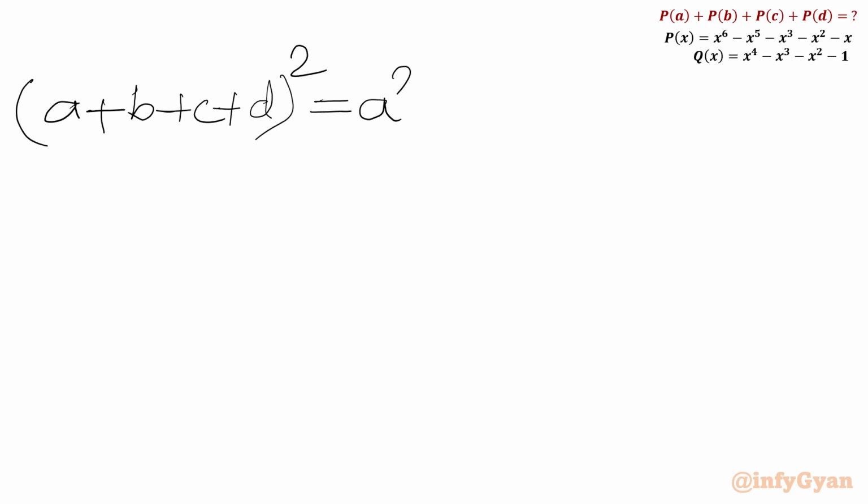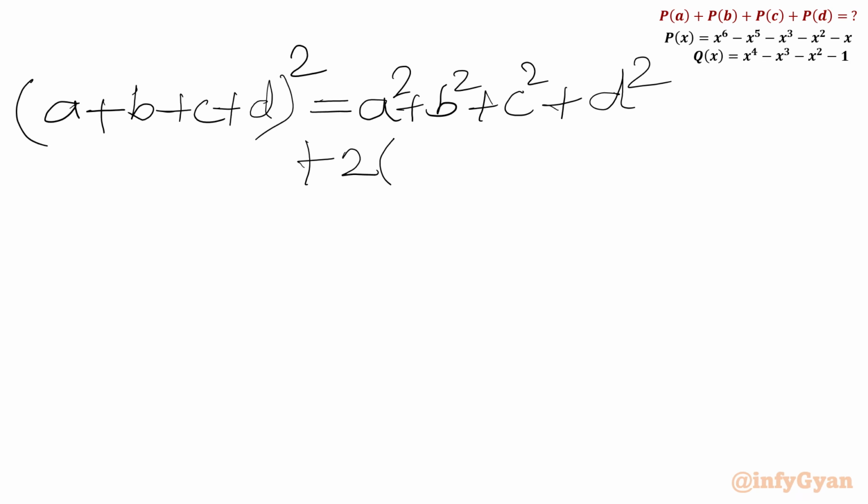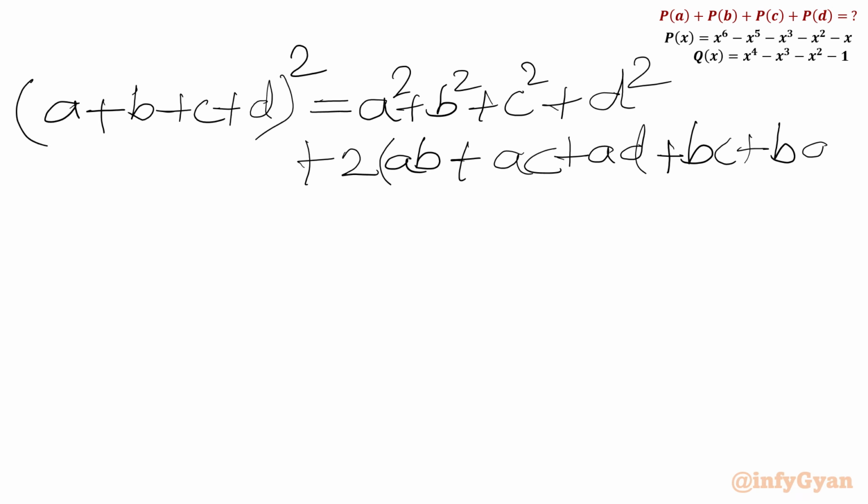We will write a square plus b square plus c square plus d square plus 2 times the combinations of two roots: ab plus ac plus ad plus bc plus bd plus cd. This is the formula for (a plus b plus c plus d) whole square.